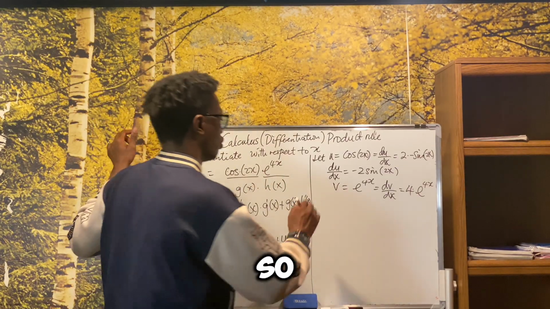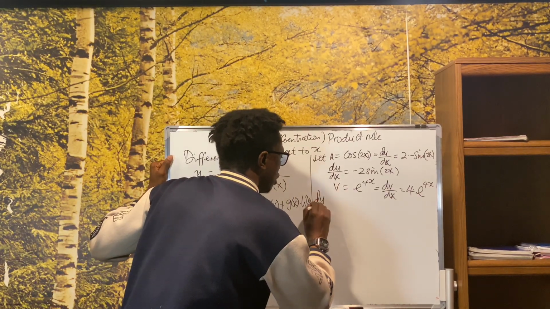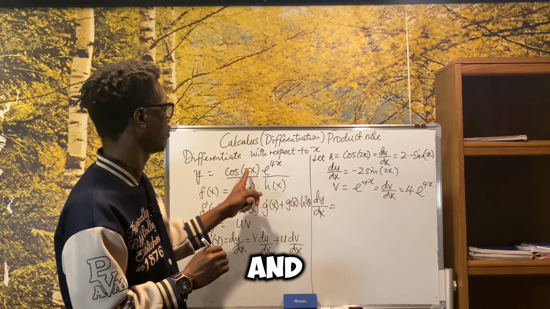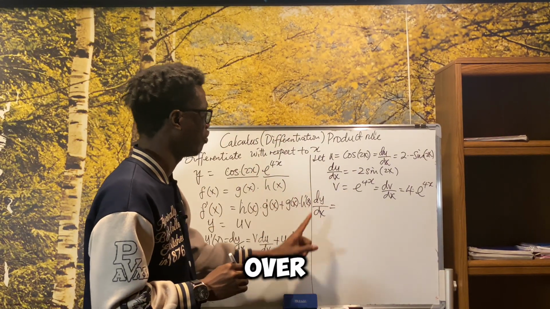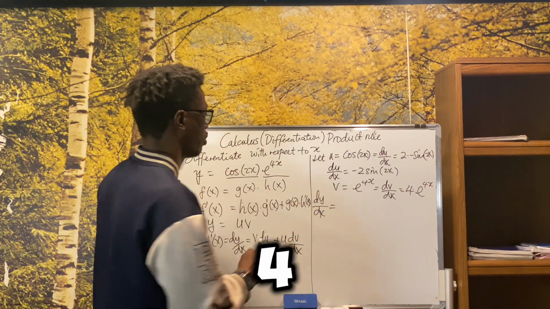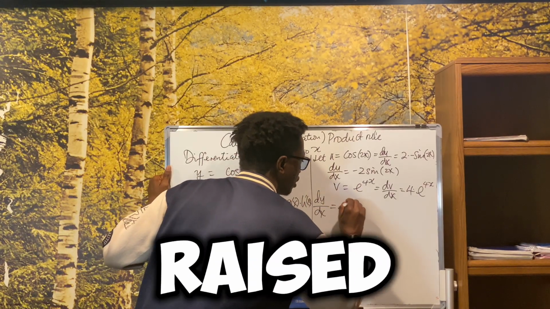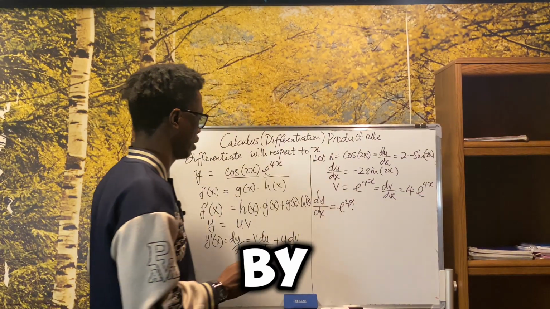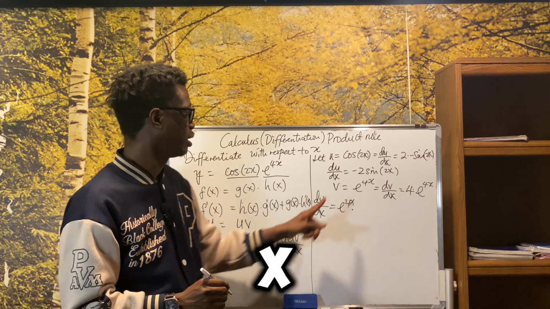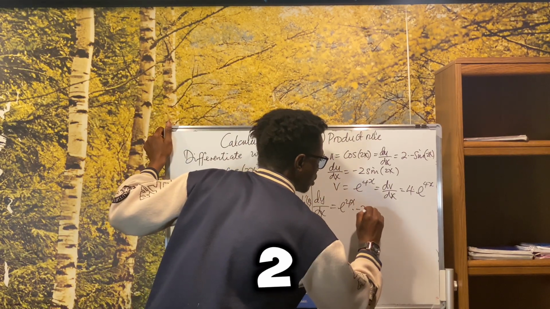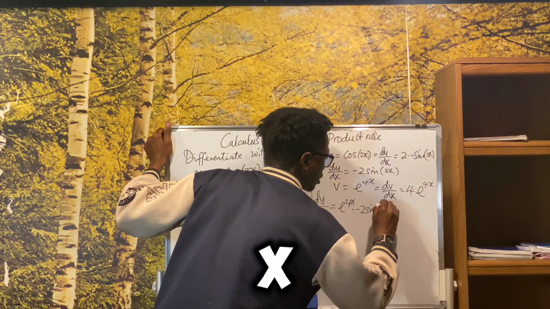Okay, so now your dy over dx equals, because this is y and the function here is x, so dy over dx equals, my v is what? e raised to the power 4x. So this becomes e raised to the power 4x multiplied by du over dx. du over dx is minus 2 sine 2x, right?